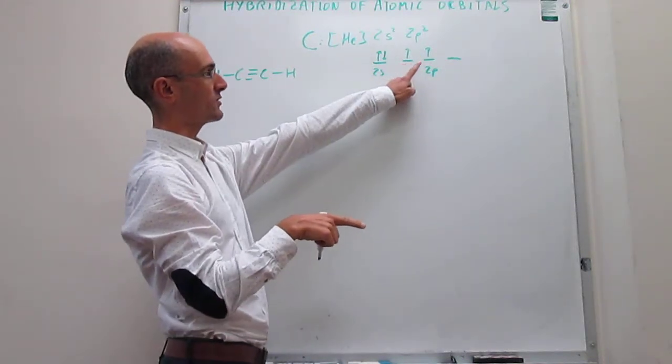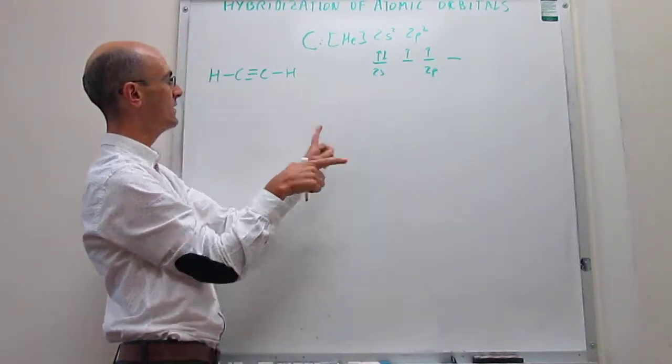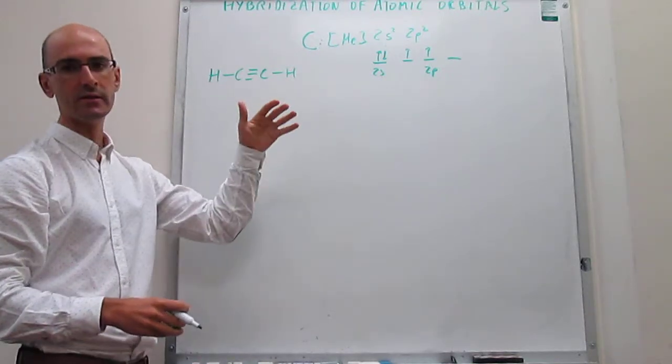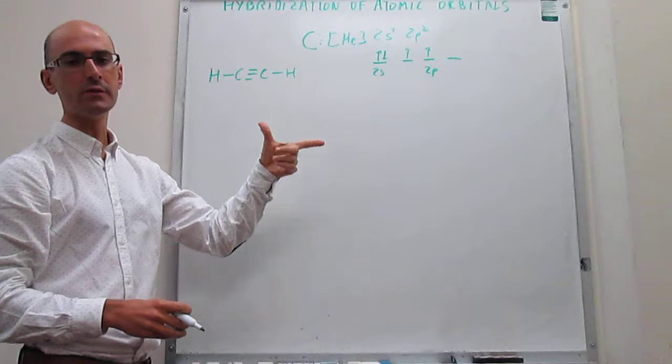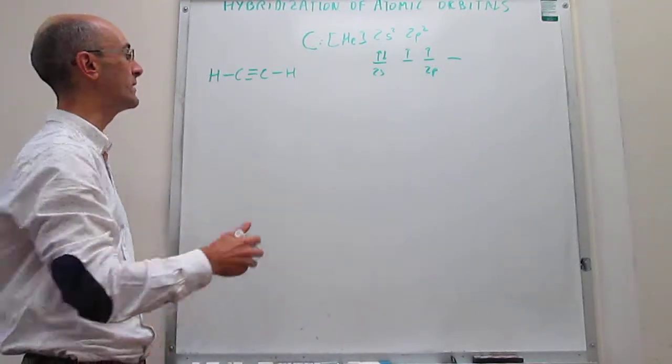That is the 2px orbital, that might be the 2py orbital, and those are 90 degrees from each other. And it would be impossible to again get to a structure which is linear, where the angle between the bonds is about 180 degrees.